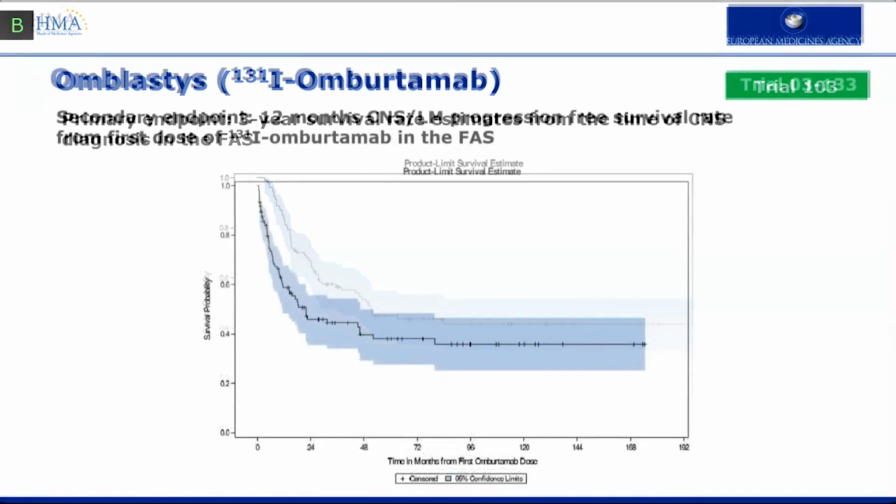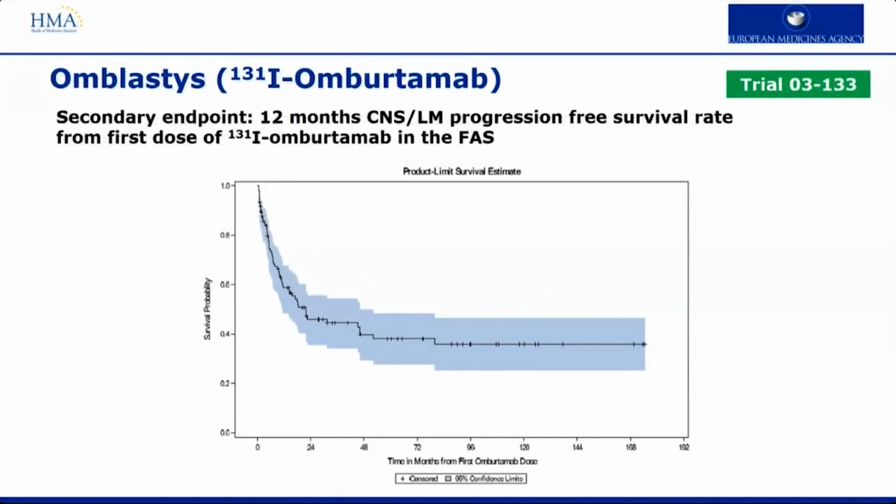The 3-year survival rate is a clinically relevant endpoint, as it could indicate long-term survival in patients with a malignant disease such as neuroblastoma. 12 months CNS or leptomeningeal progression-free survival is an unusual endpoint, but could be accepted in these specific circumstances. Supportive information can be derived from the 12 months CNS or leptomeningeal progression-free survival rate, and that is estimated to be 0.59 with a 95% confidence interval.